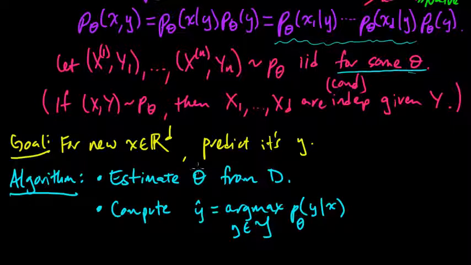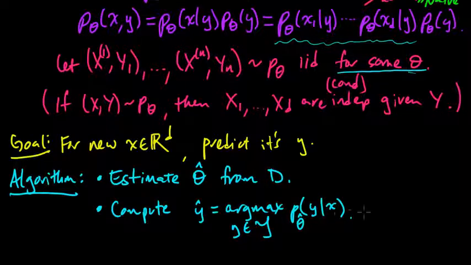Maybe I should put theta hat here to emphasize that this is using the estimate that we made in the first step. So we want to compute this. And we could stop right there, and this would fully define the naive Bayes procedure. You compute this quantity under this model, and that's it. That's the naive Bayes classifier.